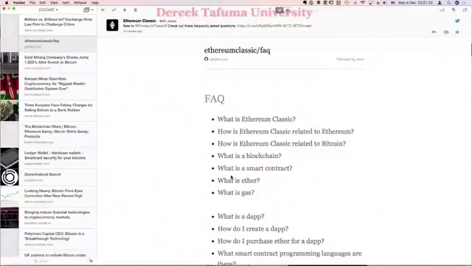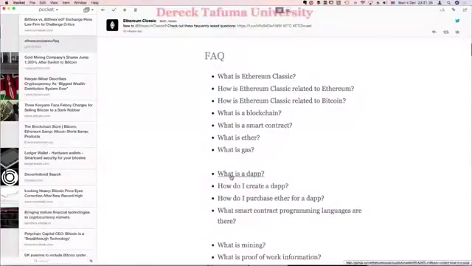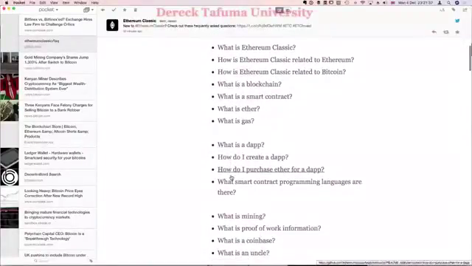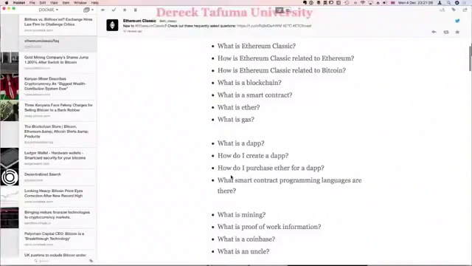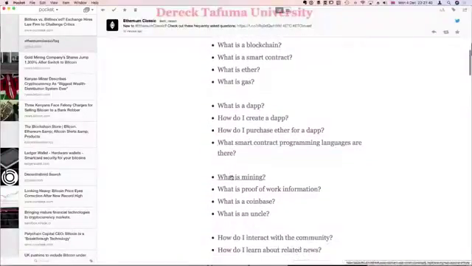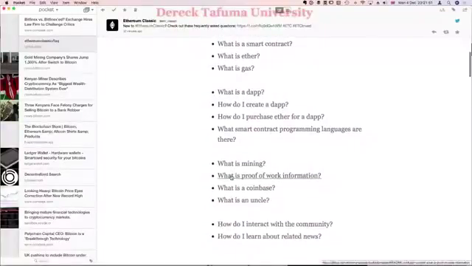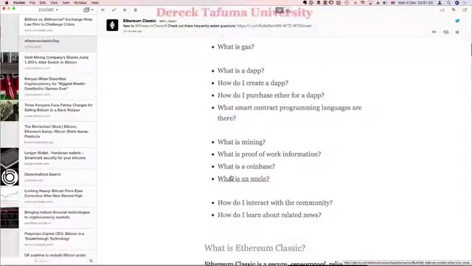What is a smart contract? What is Ether? What is gas? What is a dApp? How do I create a dApp? How do I purchase Ether for a dApp? What smart contract programming languages are there? What is mining? What is proof of work? What is Coinbase? What is an Anchor? How do I interact with the community? How do I learn about related news?